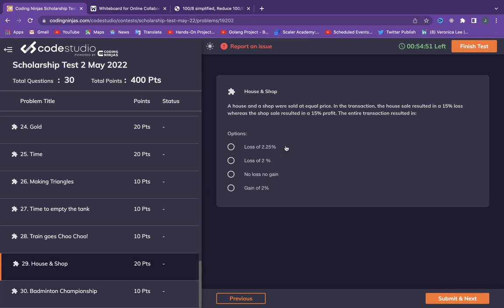House and a shop were sold at equal price. In the transaction, the house sale resulted in a 15% loss, whereas the shop sale resulted in 15% profit. What does that mean? Entire transaction resulted in.